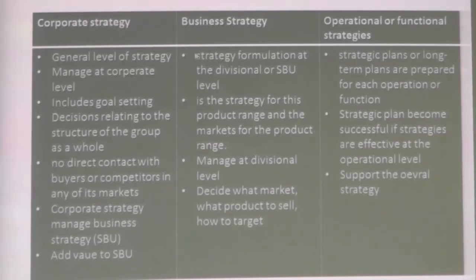They get the information from the business strategy people and formulate goals and strategies, right? So the middle level, business strategy, is the management level operating in the function of the organization. What are operational and functional strategies? Long-term plans are prepared for each operation or function.